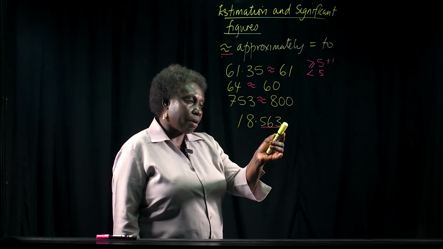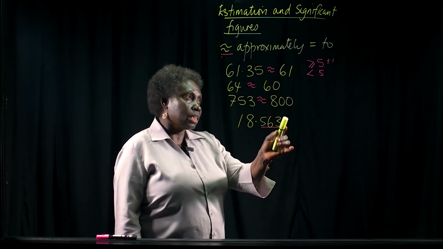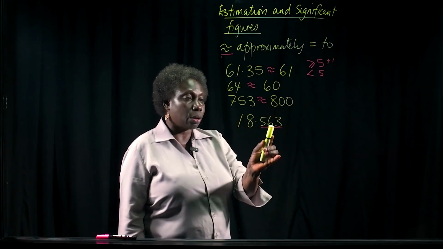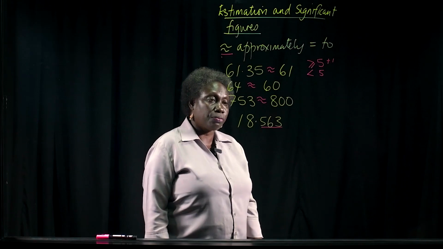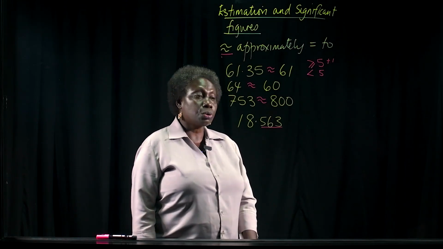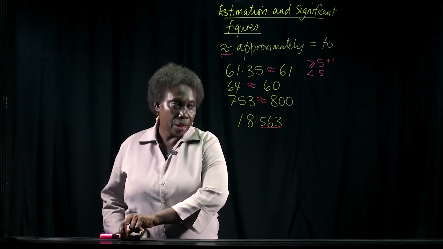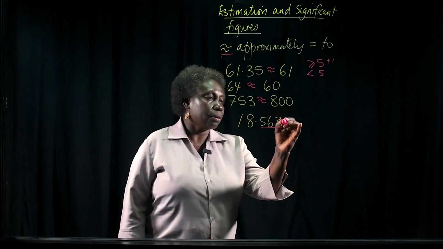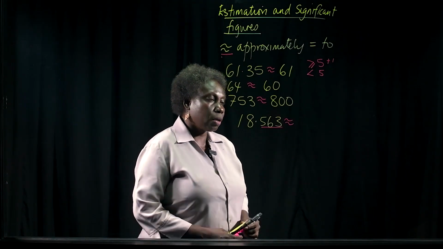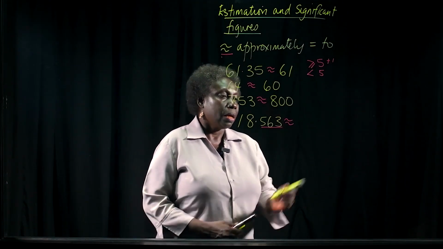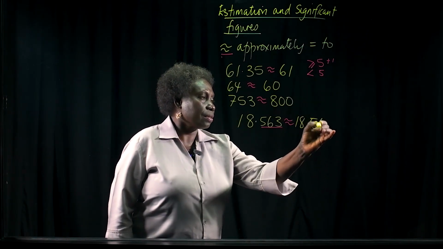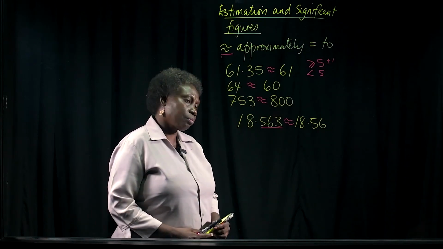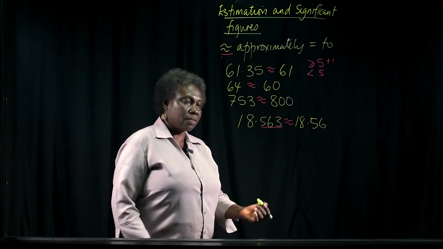The number after 6 is 3. Since 3 is less than 5, we are going to leave 6 as it is. So 18.563 to 2 decimal places will be approximately equal to 18.56.